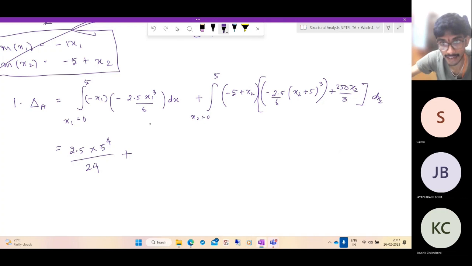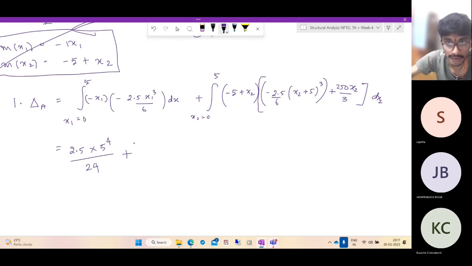Plus the second integral. Let us split it into two. One is minus 5. Yeah, this can be done.